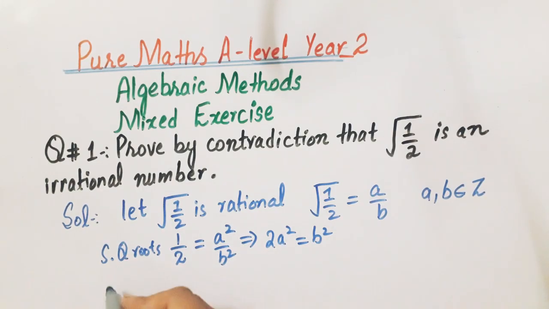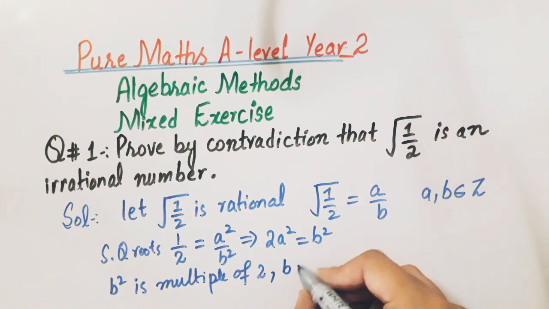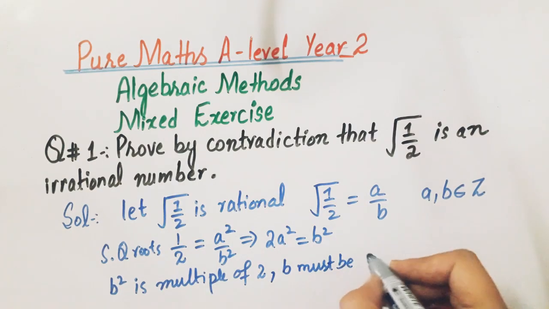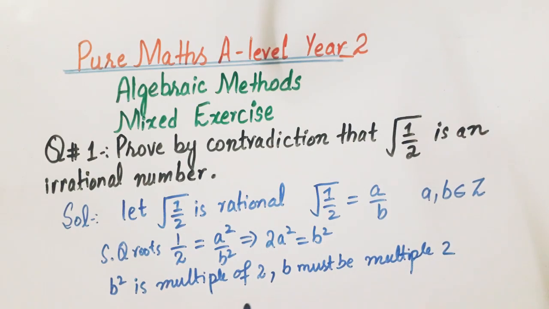Now you can see b squared is a multiple of 2, because b squared equals 2 times a squared. So if b squared is a multiple of 2, then b must be a multiple of 2. If its square is a multiple of 2, then it must also be a multiple of 2.